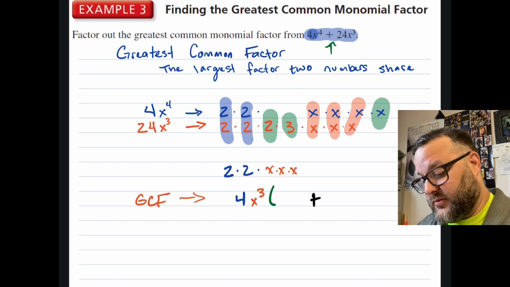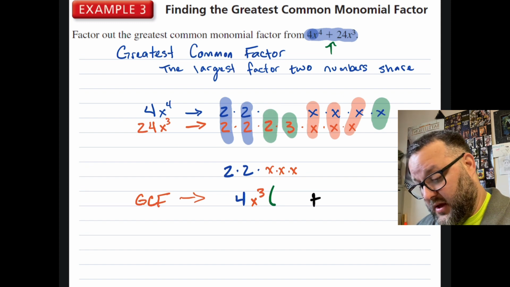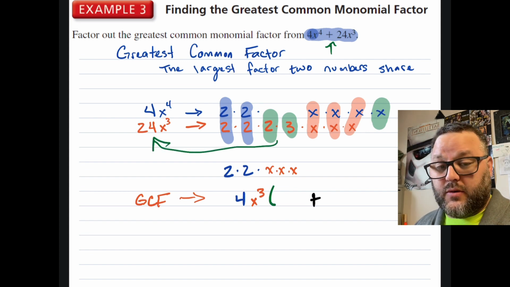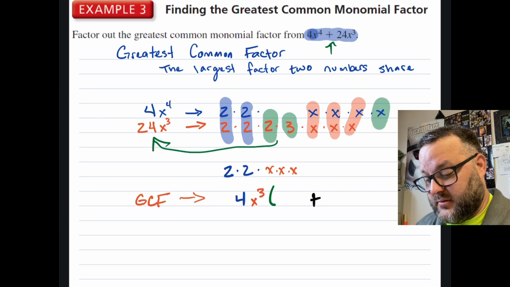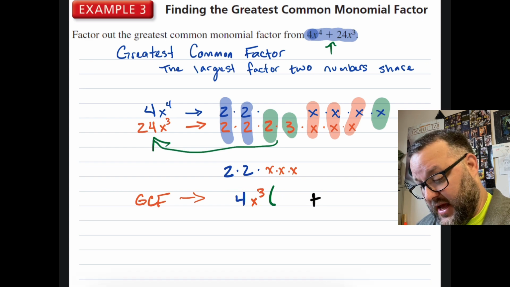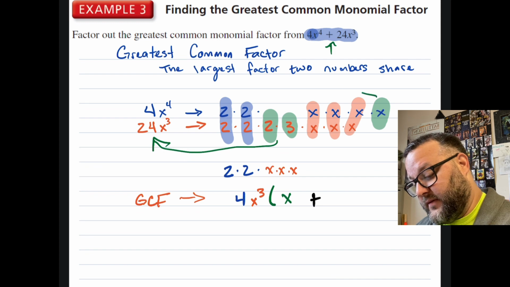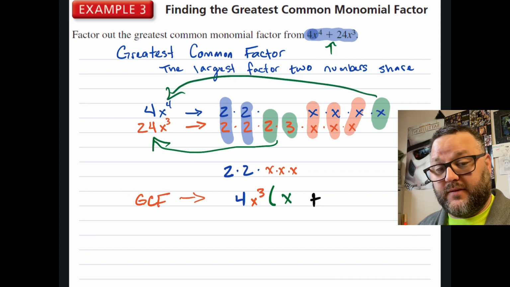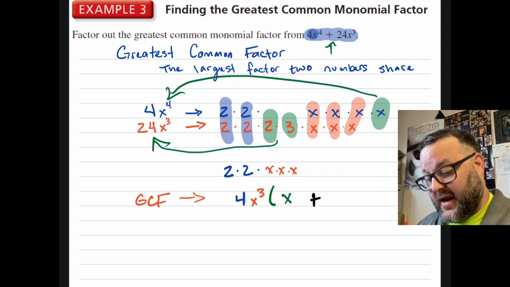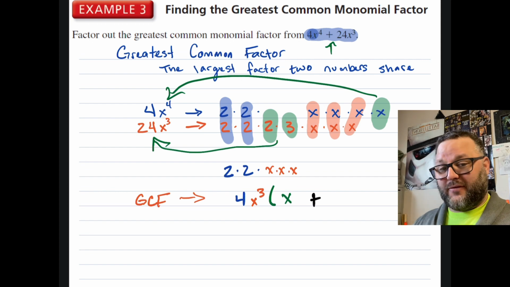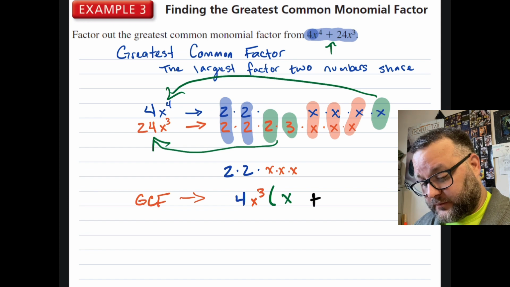That 2 times 3 was connected over here to that 24. So in other words, there's actually no numbers except there is an x right here that's left from the 4x to the fourth. So that x gets written where the 4x to the fourth was. That's what's left after we've factored it out.